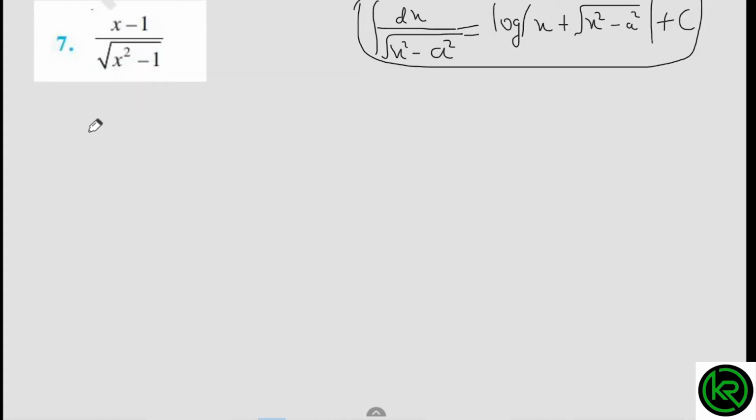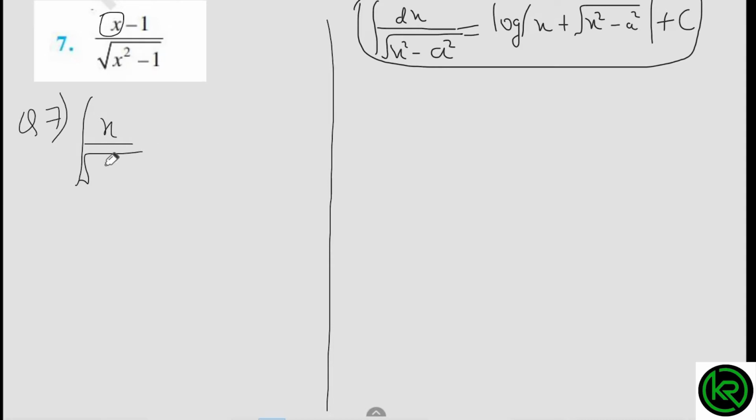Next question, question number 7. Here we will divide the denominator and separate both. First the denominator will go with x, so we will get x upon under root x square minus 1, okay, dx, and minus dx upon under root x square minus 1 square.